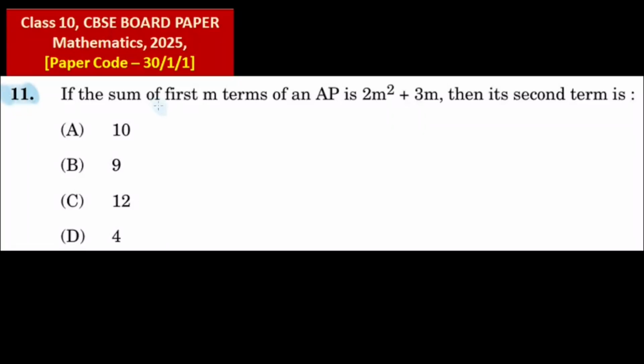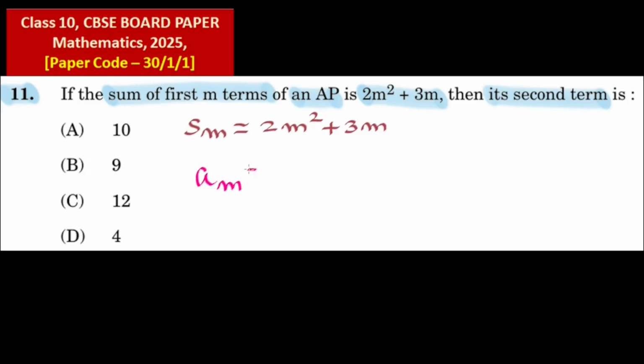Question 11. If the sum of first m terms of an AP is 2m square plus 3m, then we have to find its second term. Here we are given the sum of first m terms, means Sm equals 2m square plus 3m. Now we have the mth term Am equals Sm minus S(m-1).